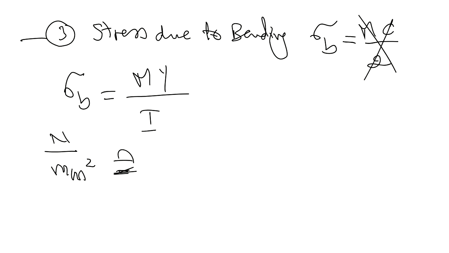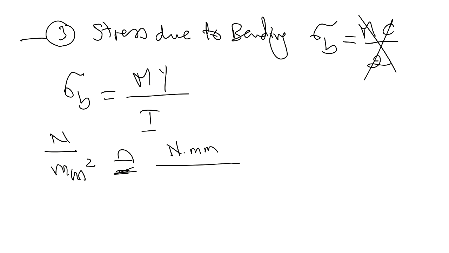So now I'm doing this to show you how to do it. Now we know that the stress is force by area, which is Newton per millimeter square. And now let's go to the right hand side and check on the units. What are the units of the moment, guys? Newton meter, or Newton times millimeter.